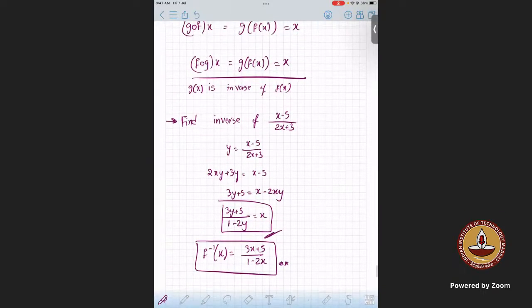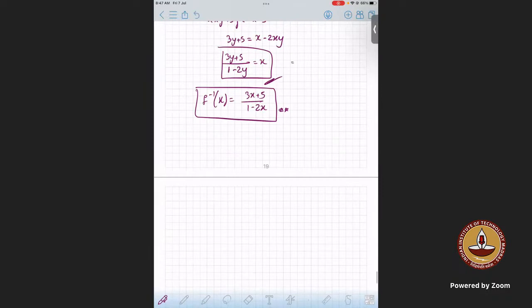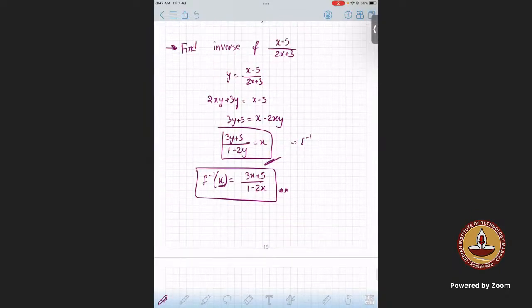Look, this is just f inverse. Here we put f inverse of x. We can replace y by x, then all y becomes x. That's it. Okay, clear? Any other doubts? No, sir.